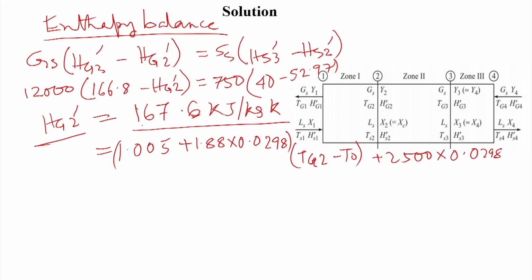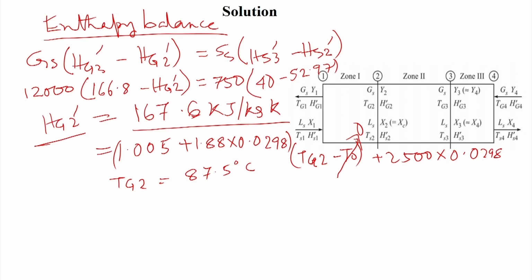So, from this equation, 167.6 is equal to that, and we will be getting that Tg2 is equal to say 87.5 degree Celsius. So, we have Tg2.